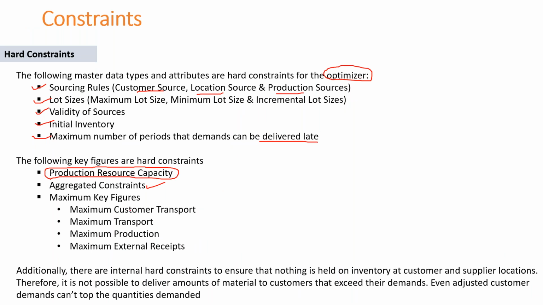Next are the maximum key figures: how much maximum customer transportation can happen, maximum transport, maximum production, maximum external receipts. When I say maximum, these are at detail level, guys. Please understand that maximum production is at product level, location level, and also source ID.